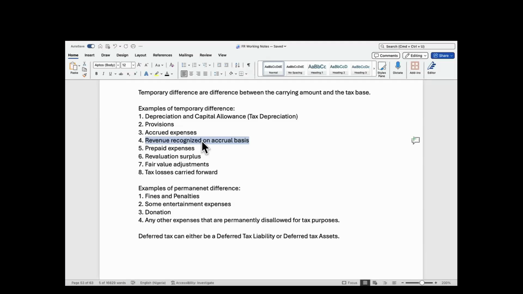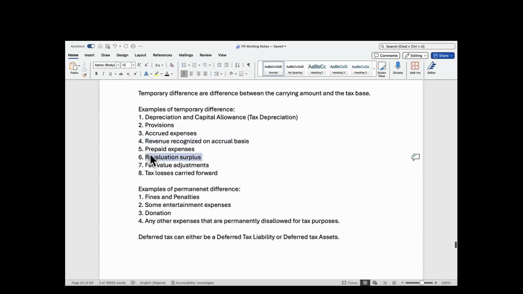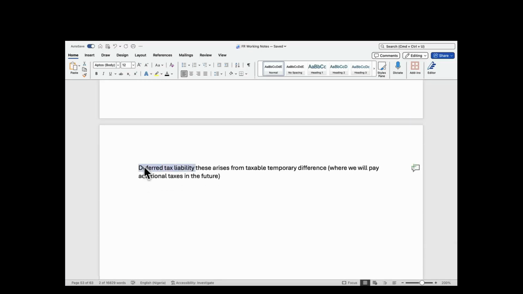And when you will pay additional tax, that is what we call a taxable temporary difference. Also, is this revaluation surplus where you say you have made a gain, but the taxman says, where is the money? The taxman will not tax it now. But that your disagreement will make you pay additional tax in the future. That is a taxable temporary difference. It usually results in a deferred tax liability.